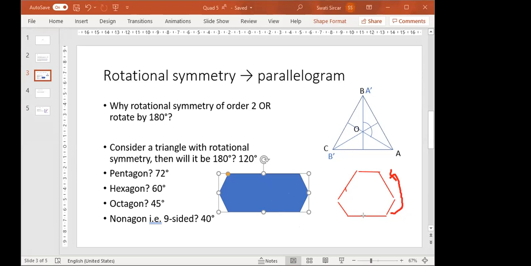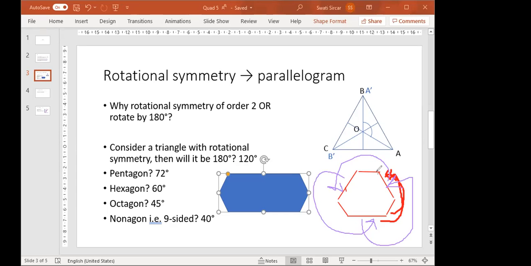But this one can, okay, hang on. Yeah, that can move, yes. So this one can move to this one. This one can move to this one. And this one can move to this one. Okay, so in other words, three rotation.